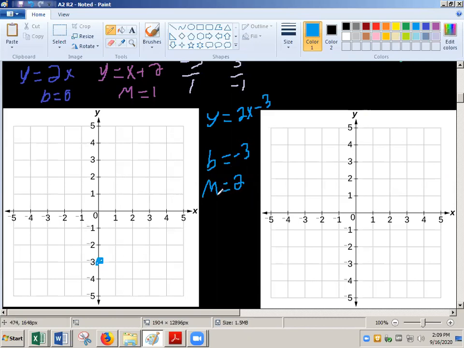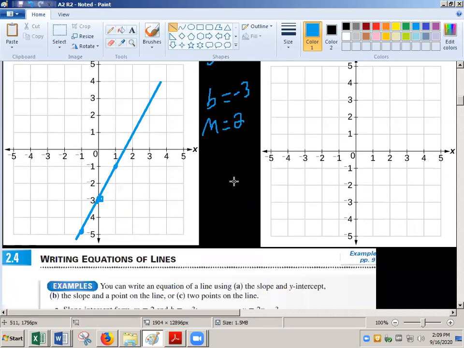My slope tells me to go up to right 1 or down to left 1. From there, I graph my line. Pretty close. There we go. It's not going to be perfect in terms of my line, but there we go. And we're good to go.